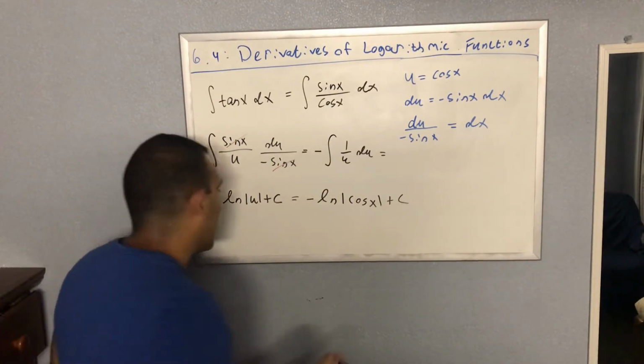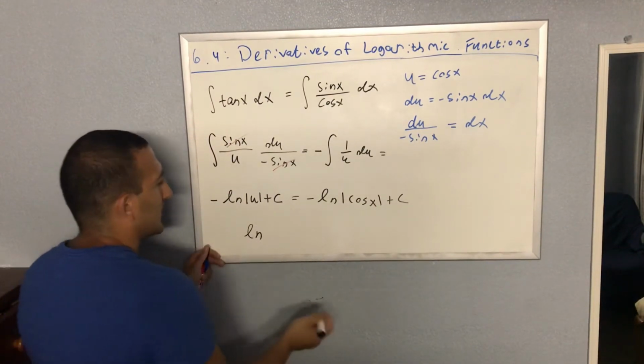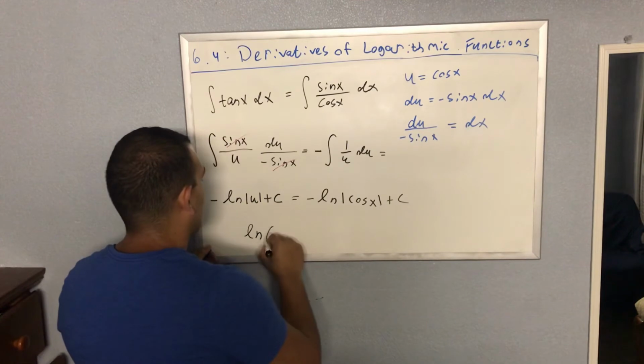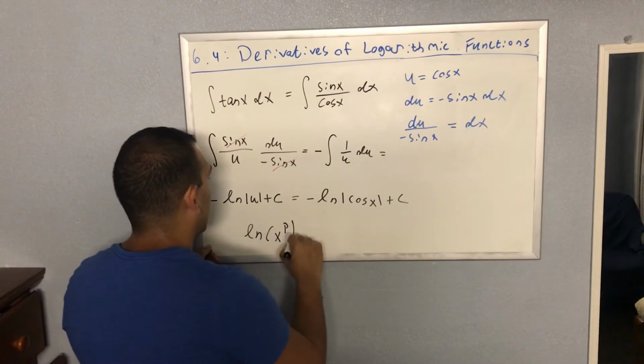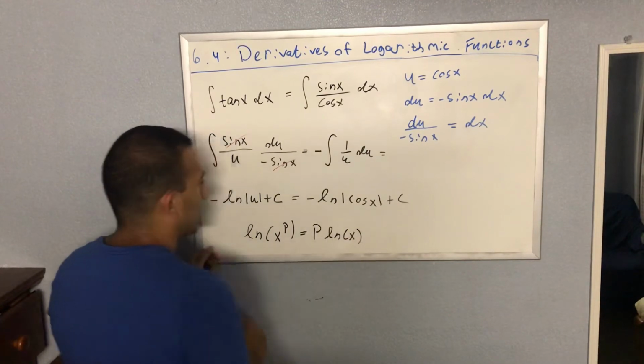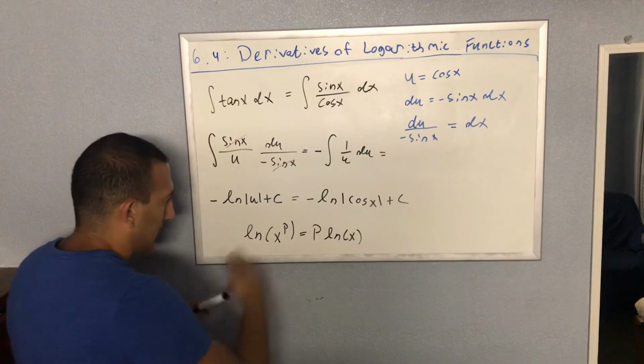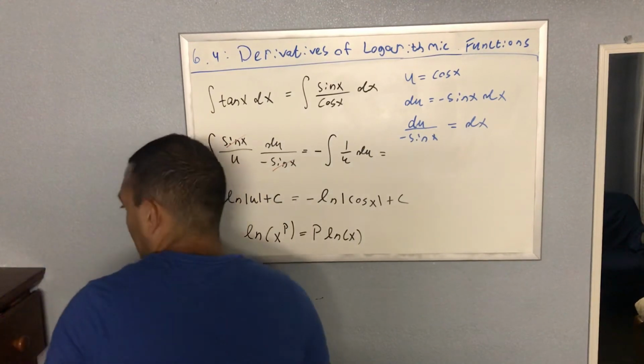Remember the power rule said that, I'll write it in terms of ln, but this could be any log base, is that ln of something raised to the p power is the same thing as p times ln of x. And in this case, p is negative 1. That minus sign is like a negative 1.